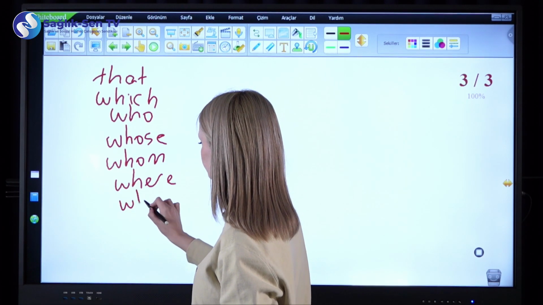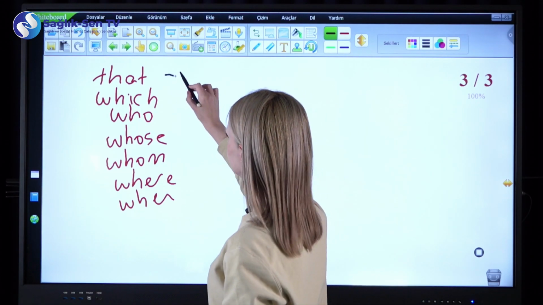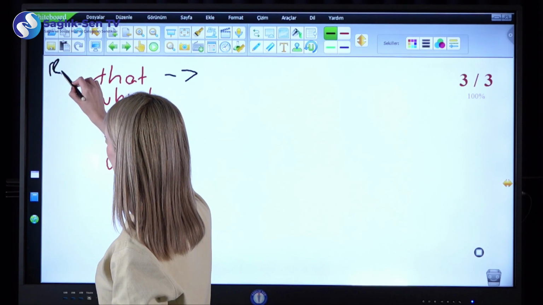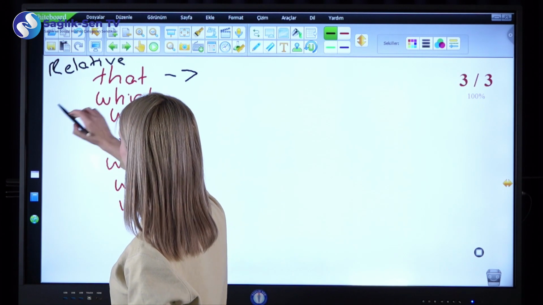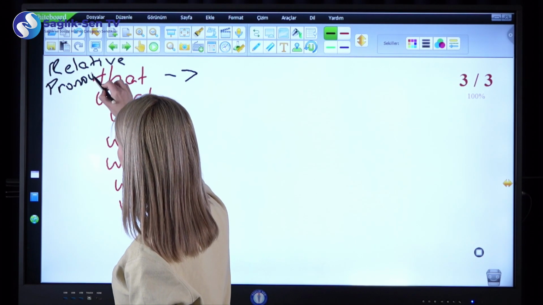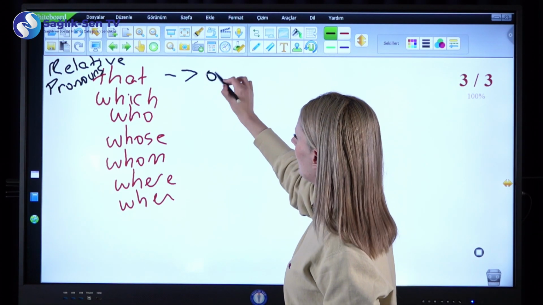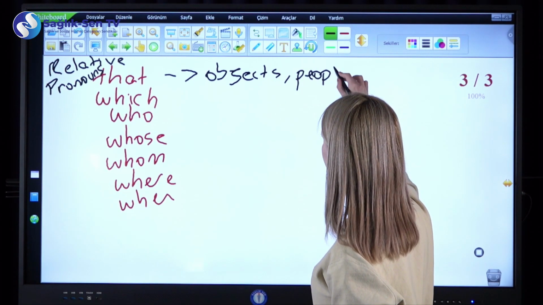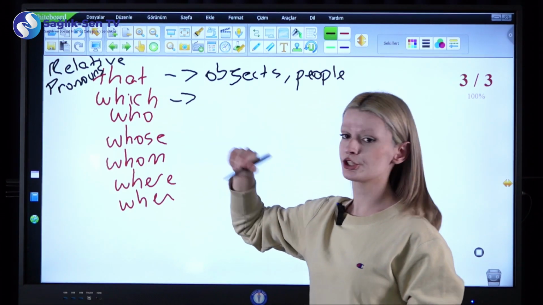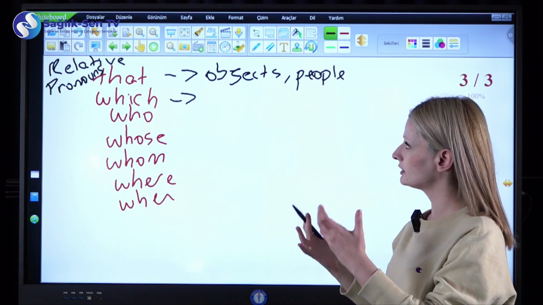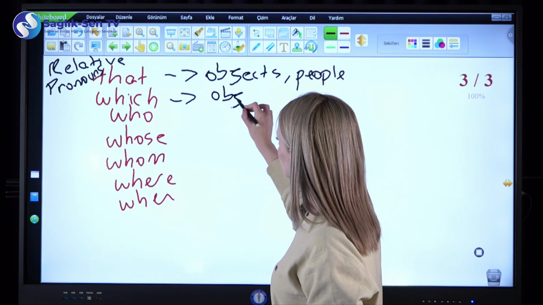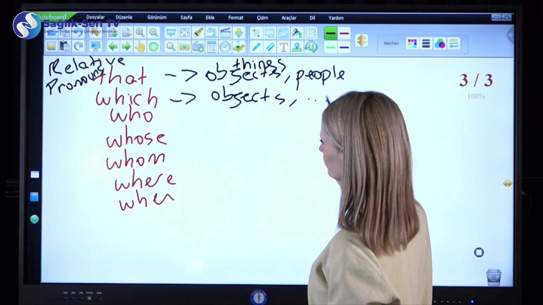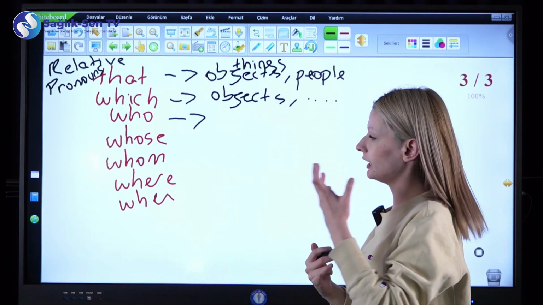We said that we use the relative pronoun that to define objects and people. We use which to define objects, animals, things, etc. Who is an obvious one.